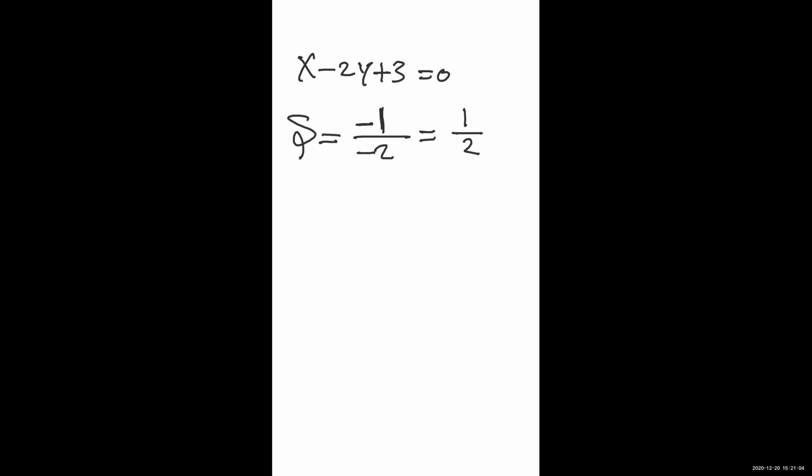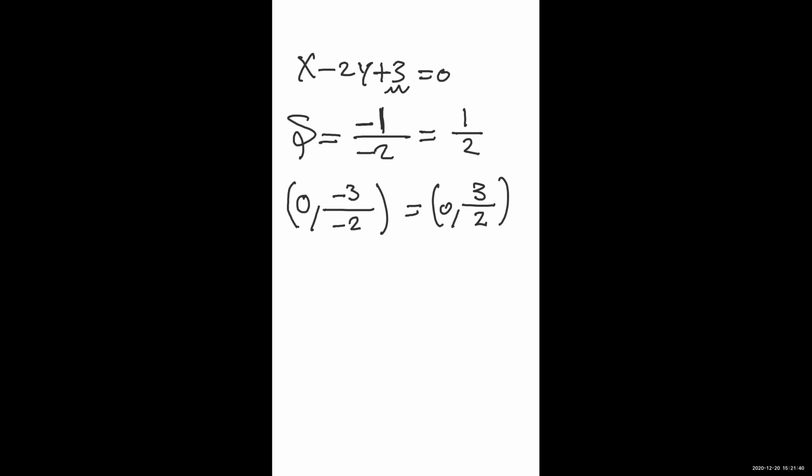Okay, where is the point of intersection with the y-axis? We said that it will be 0 and negative c over b. C here is 3, so negative 3 over b, which is negative 2. So negative 3 over negative 2 means the point 0 and 3 over 2.